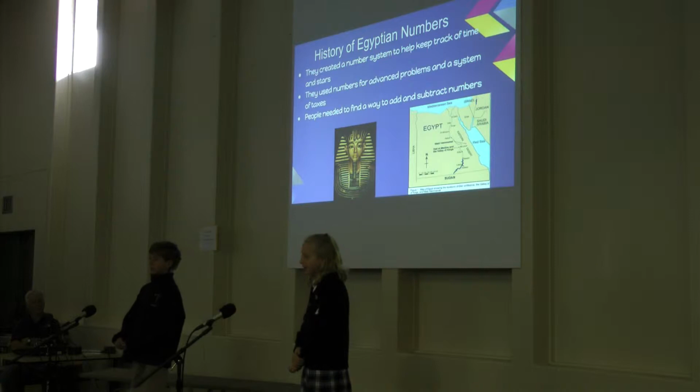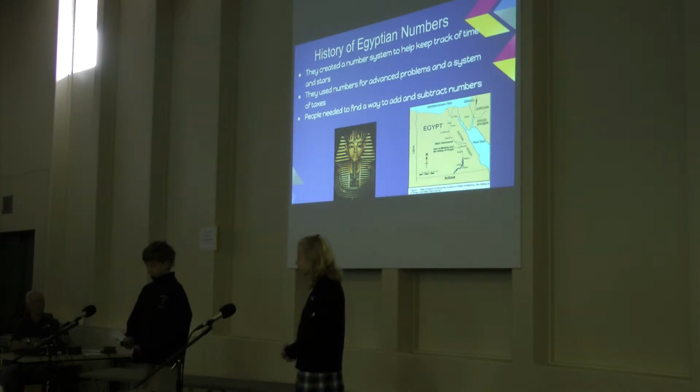History of Egyptian numbers. The Egyptians created a number system to help keep track of time and stars. They used numbers for advanced problems and a system of taxes. The people of Egypt needed a way to add and subtract numbers.